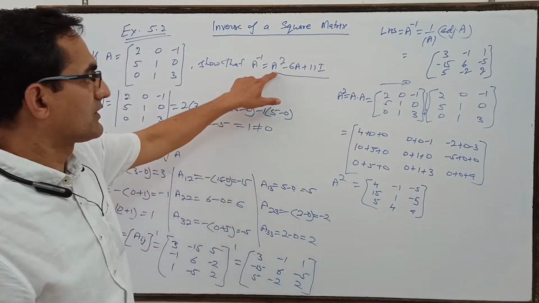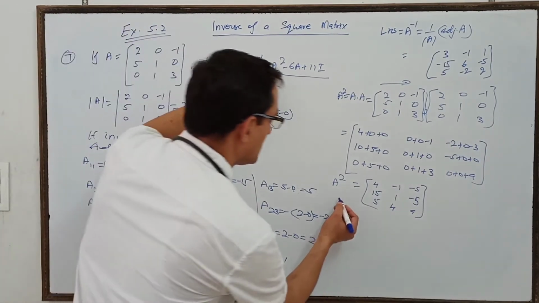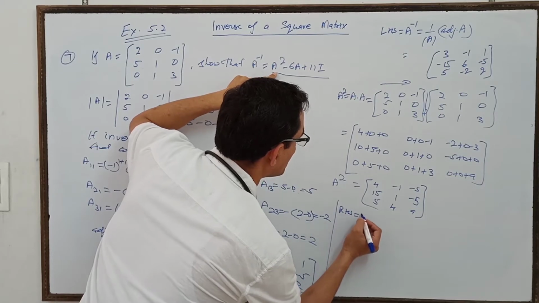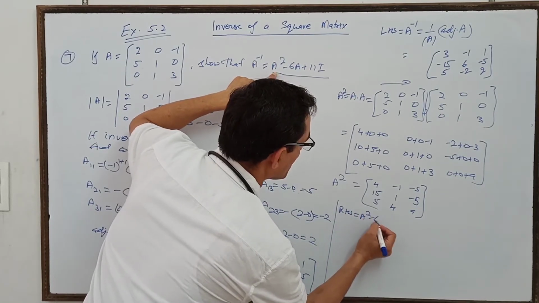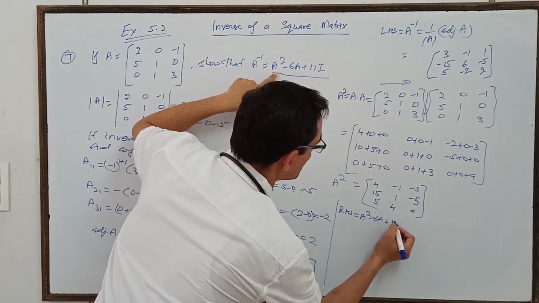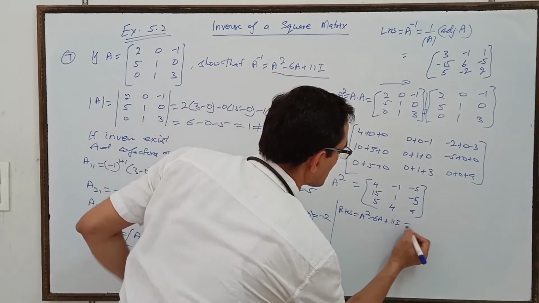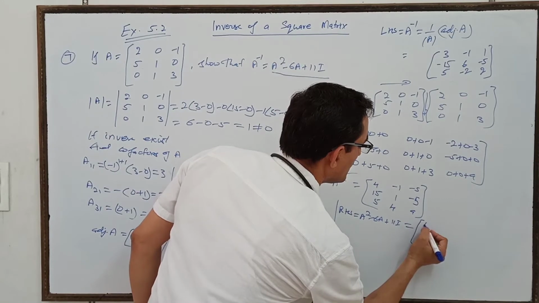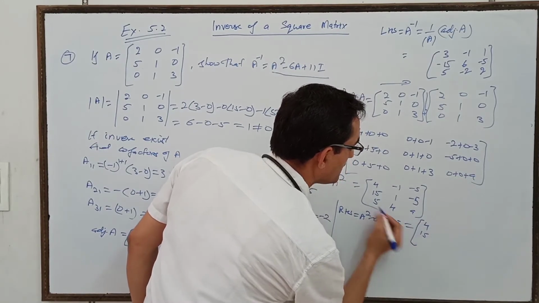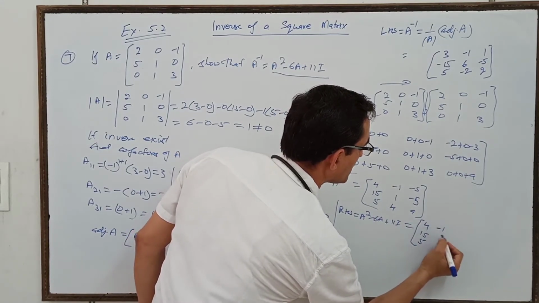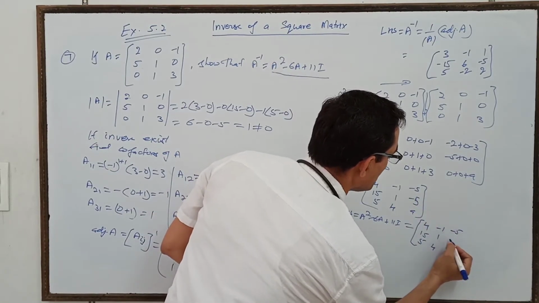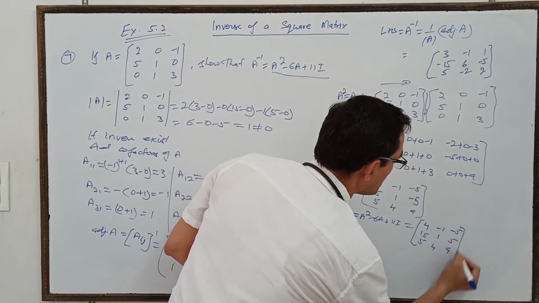We have to get the value of this one. So the right hand side is equal to A square minus 6A plus 11 into identity matrix. Write A square as this one: 4, 15, 5, minus 1, 1 and 4, minus 5, 5 and 9.